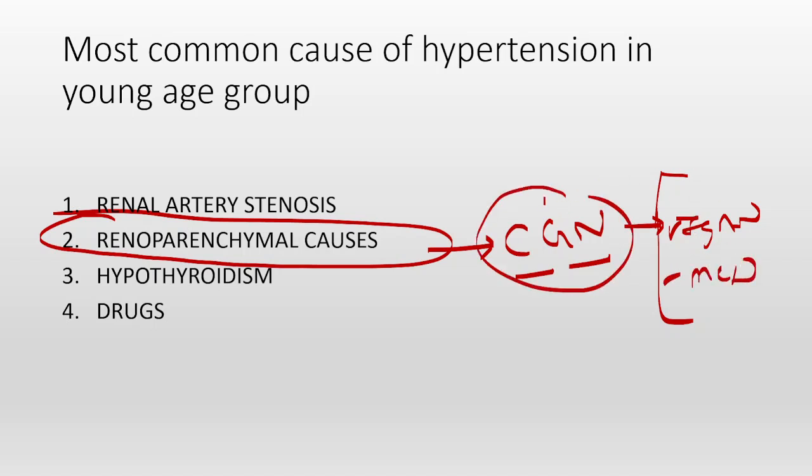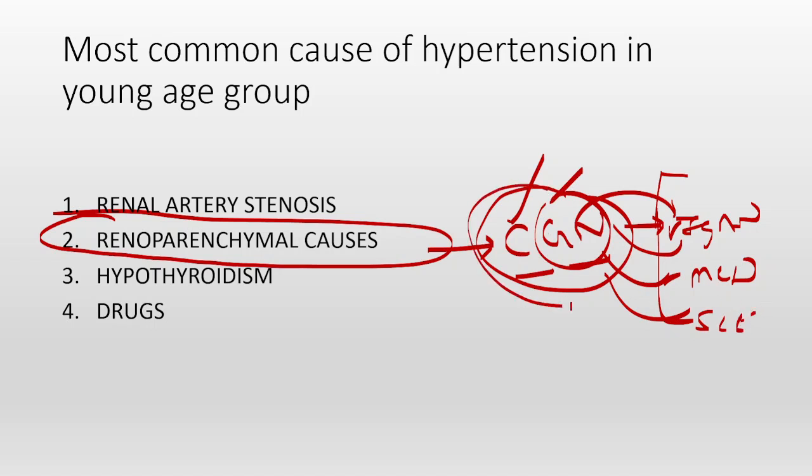No. Chronic glomerulonephritis is nothing but inflammation of the glomeruli. The glomerular condition can be anything: IgA, MCD, SLE, whatever it is. Where are the glomeruli? In the renal parenchyma. So this is the most common cause. The second most common cause is renal artery stenosis.